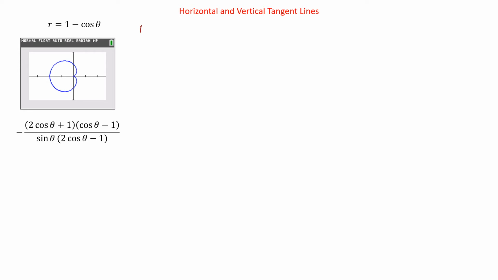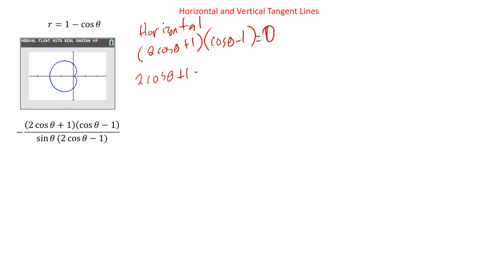So for horizontal, we need this numerator, 2 cosine theta plus 1 times cosine theta minus 1, to equal 0, which means either 2 cosine theta plus 1 equals 0 or cosine theta minus 1 equals 0.